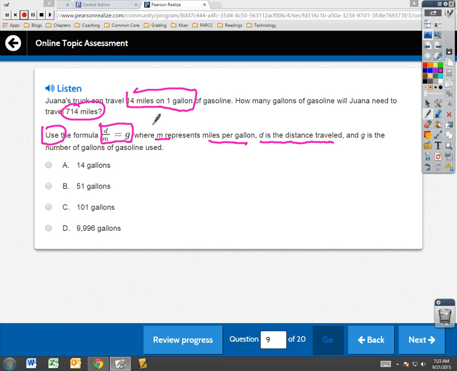So let's see here. I know that this M is the miles per gallon, this D is the distance. So I use this formula. I'm going to put the D on top, divide it by how many miles are traveled. So it's a division problem, and that's going to give me how many gallons she'll use. 714 becomes my dividend. 14 becomes my divisor.